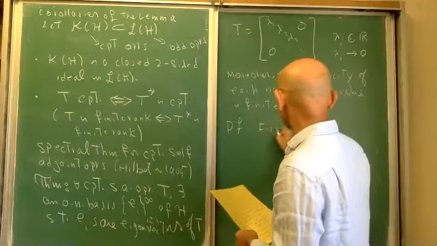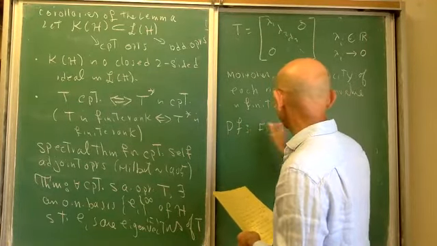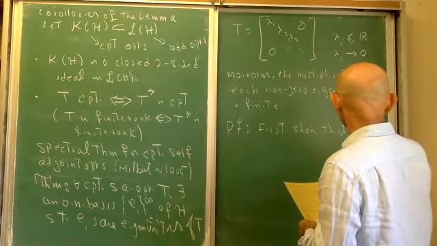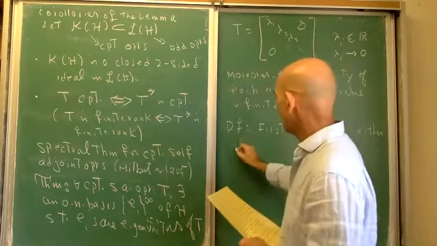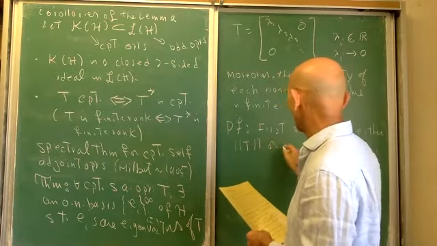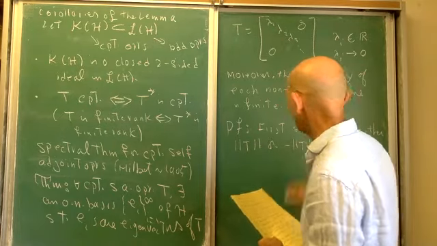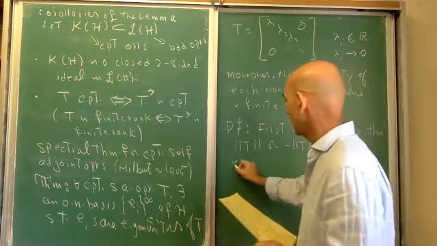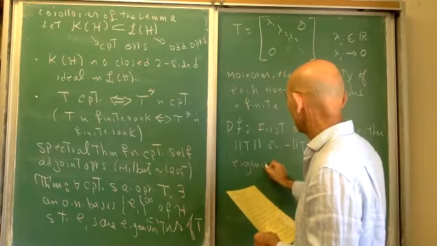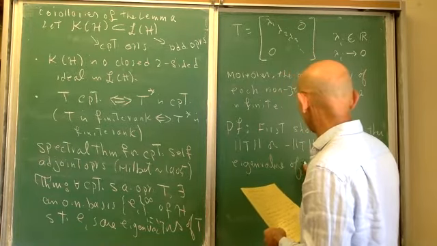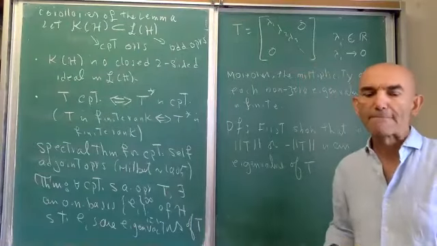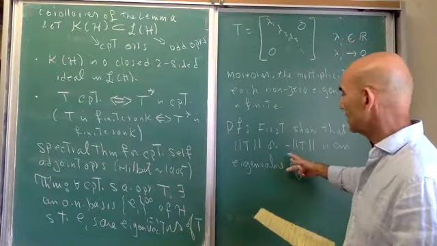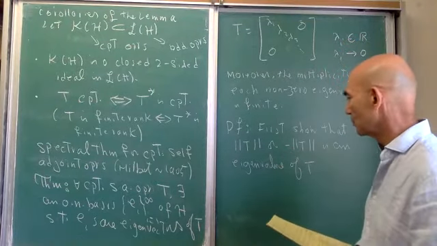First, show that either the norm of T or minus the norm of T is an eigenvalue of T. So that's a crucial step in order to prove the result.